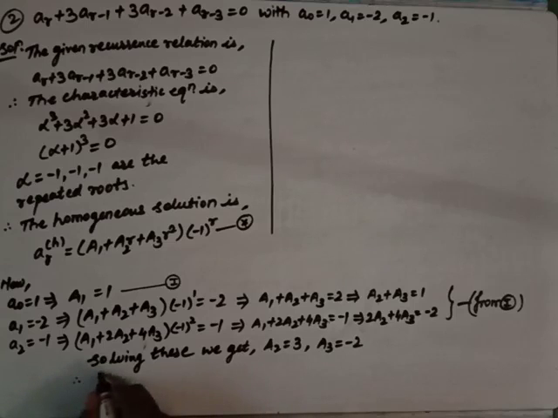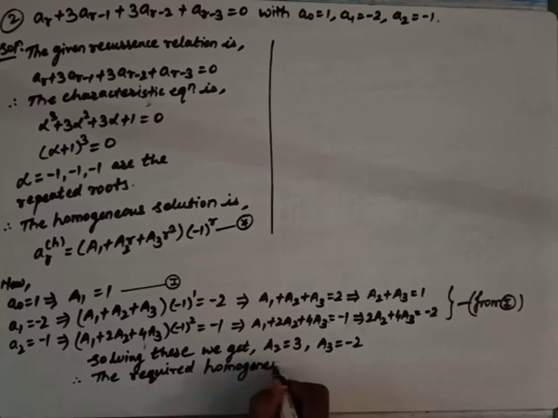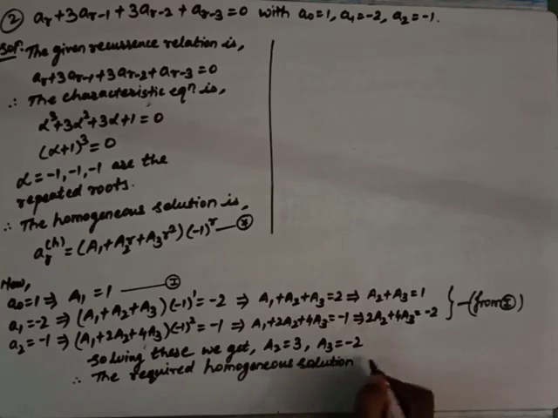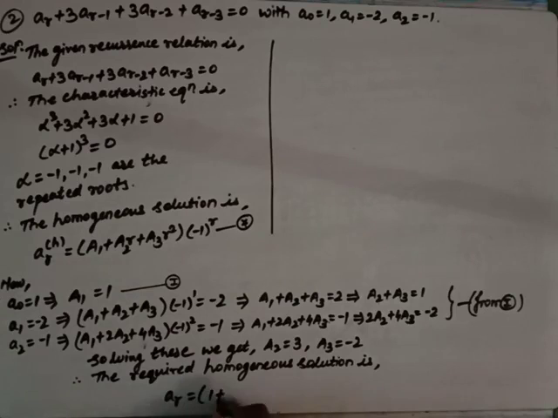Therefore the required solution is a_r = (1 + 3r - 2r squared) times (-1) raised to r.